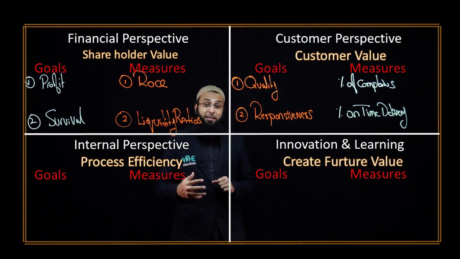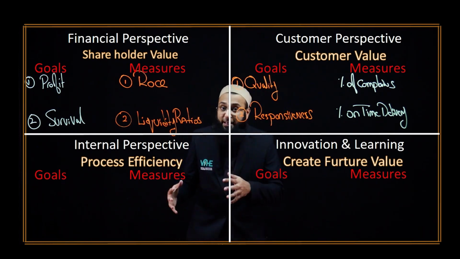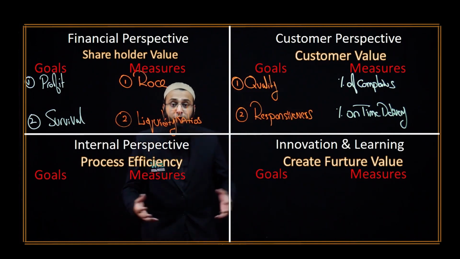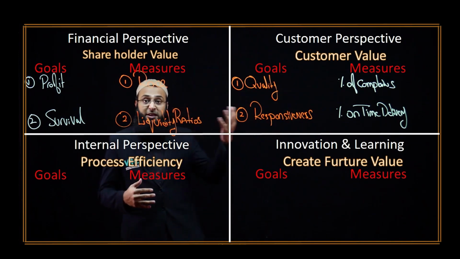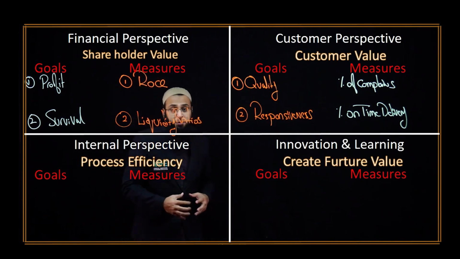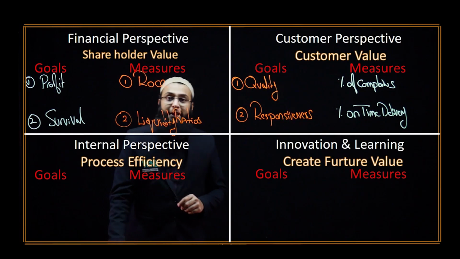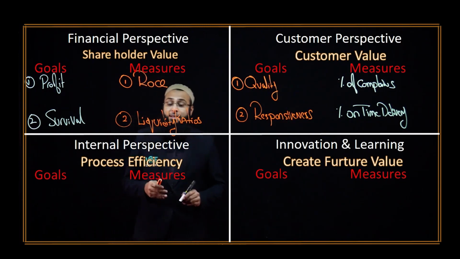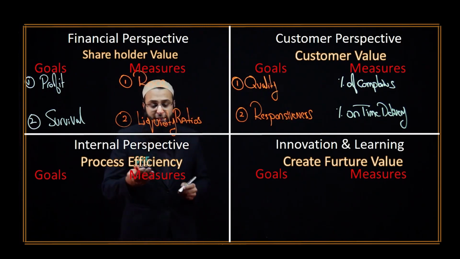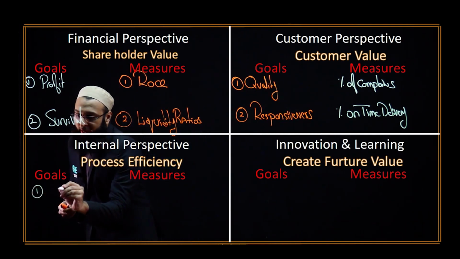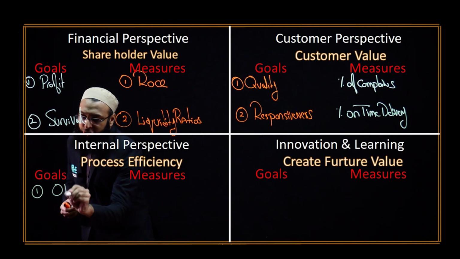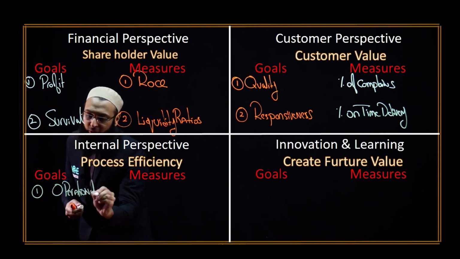So internal perspective looks at the processes. Are they good enough for the organization to achieve their goals of customer and financial perspective? Now here, let's write a few goals that can come under this heading, and we can say here the first can be the operational performance of the processes.